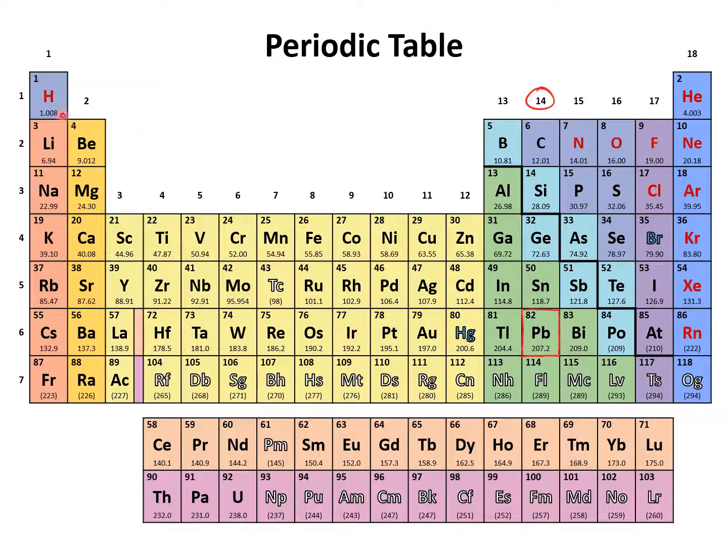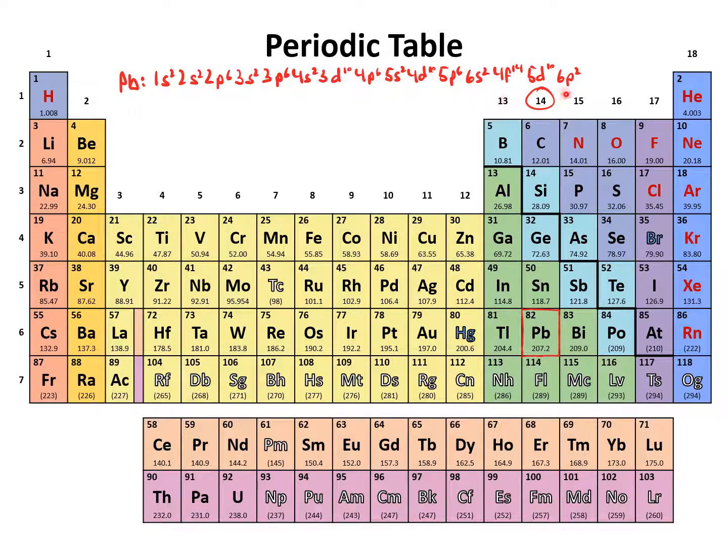We can write the electron configuration for lead as 1s2, 2s2, 2p6, 3s2, 3p6, 4s2, 3d10, 4p6, 5s2, 4d10, 5p6, 6s2, 5d10, 4f14, 6p2. And so that's our electron configuration for lead.